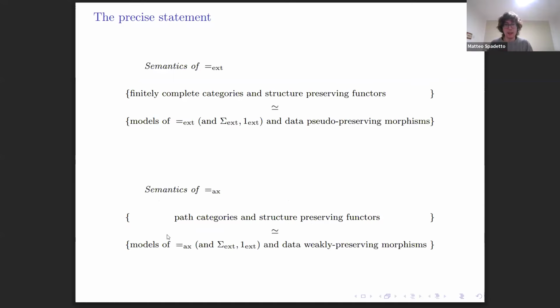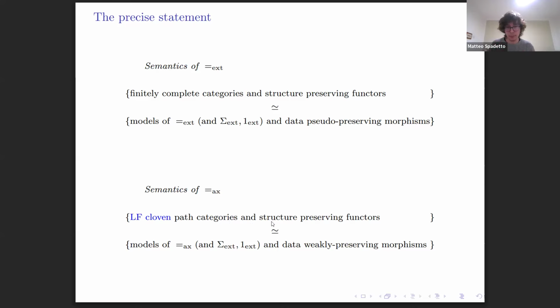So in the end, the final statement is the following: the domain category of this equivalence needs to be made of LF cloven path categories satisfying the logical framework condition. And in this case, this category will be equivalent to the category of the genuine models.